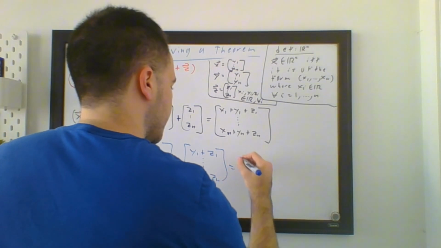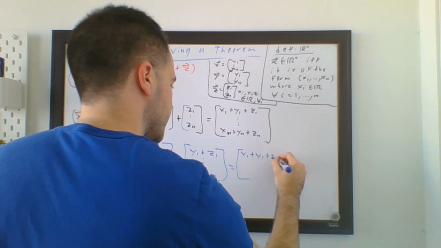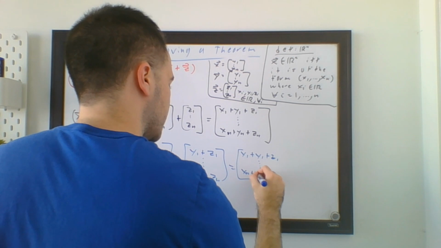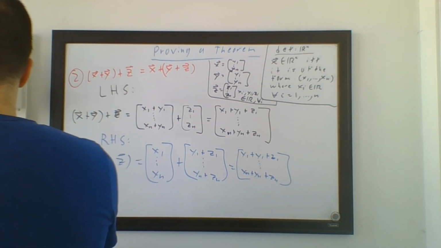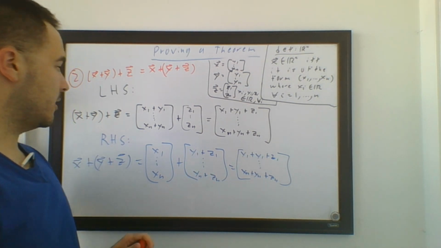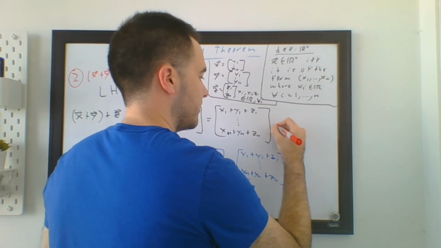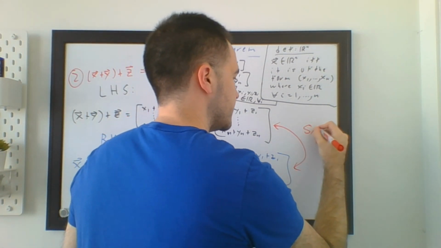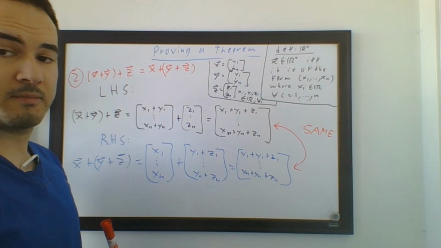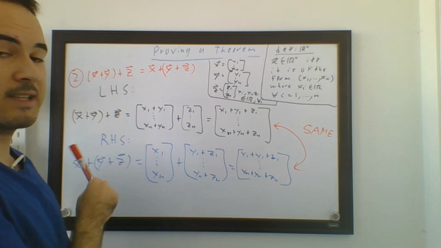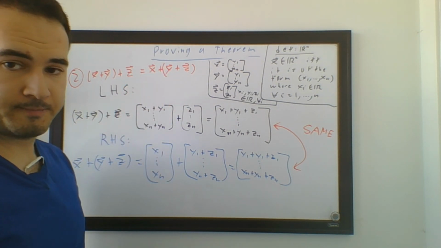Using vector addition again, we will have x1 plus y1 plus z1, xn plus yn plus zn. And now, since we have shown that both the left-hand side and the right-hand side are the same, we have proven the statement above, that x plus y first plus z is equal to y plus z and then plus x.